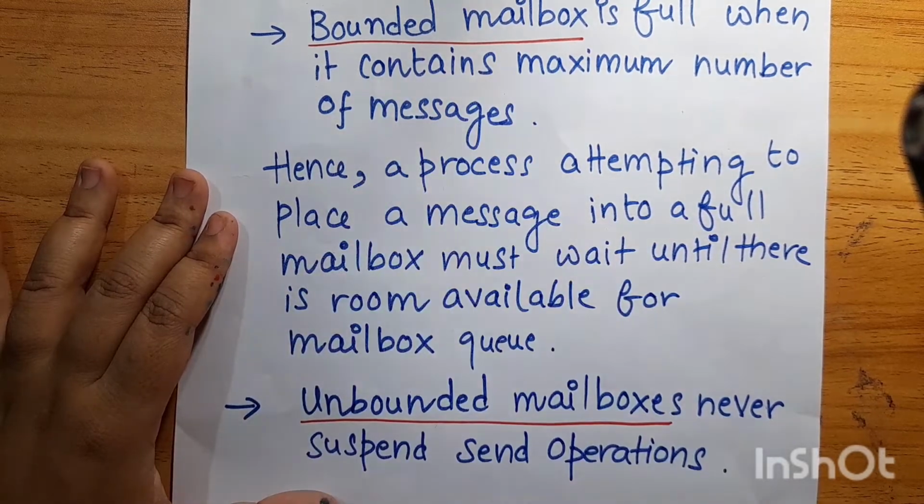In the bounded mailbox, there is a dependency on the size of the mailbox. If the mailbox is full of messages, you cannot place a message into it. You have to wait until space becomes available for the message to be put. But in an unbounded mailbox, this waiting is not there, and we never suspend the send operations.